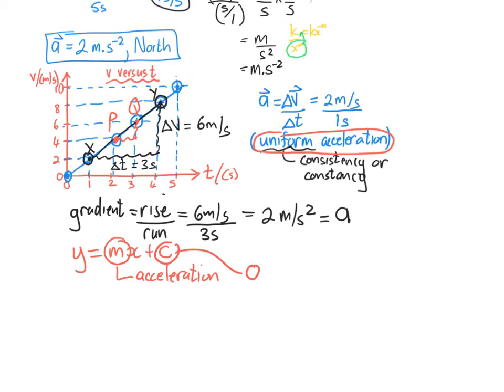And the x, or the independent variable, is in actual fact time. And the dependent variable is in actual fact velocity. So at this stage we could rewrite this as v equals at plus 0.